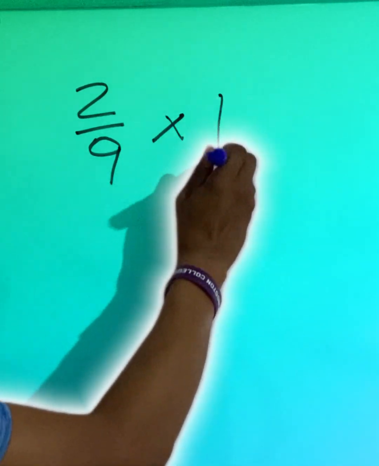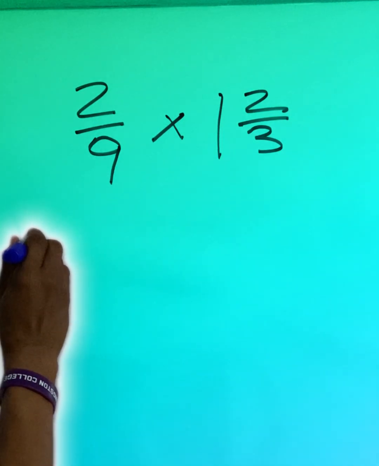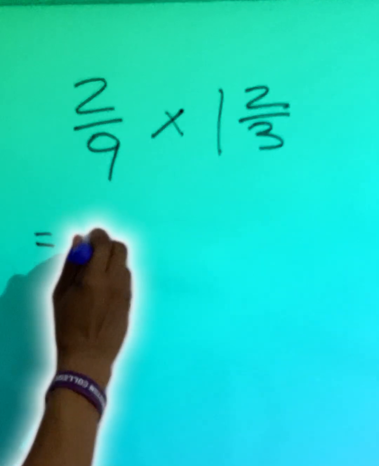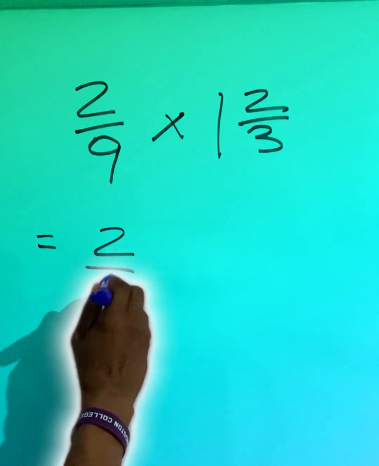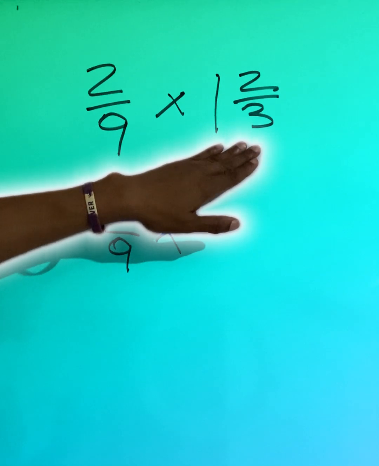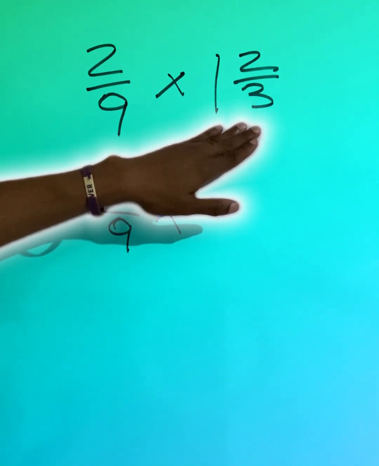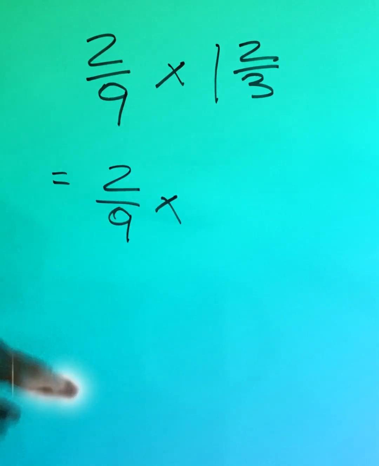All right, 2/9 times 1 and 2/3. Okay, this is equal to 2/9 multiplied by, this is what we call a mixed number. We now must convert this to an improper fraction before we can do our multiplication, okay?